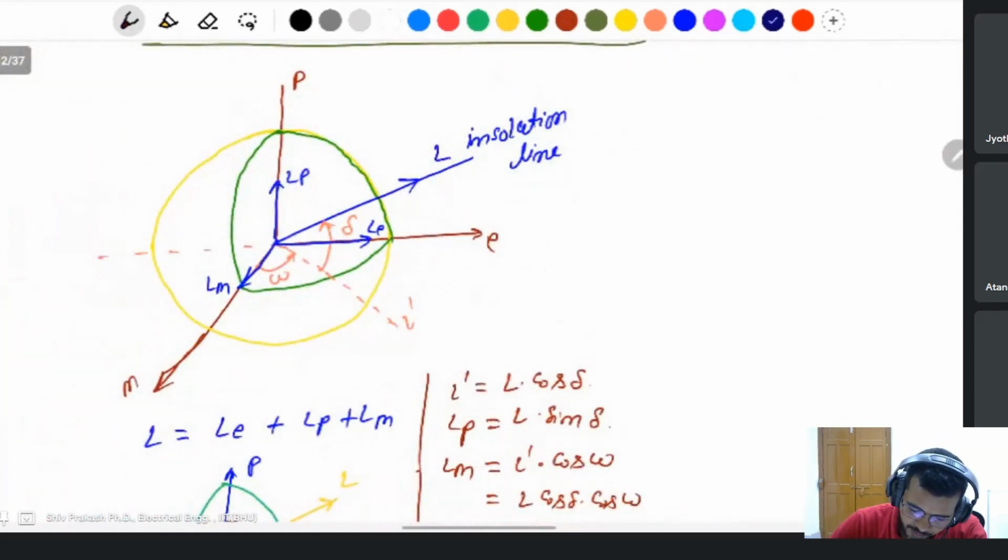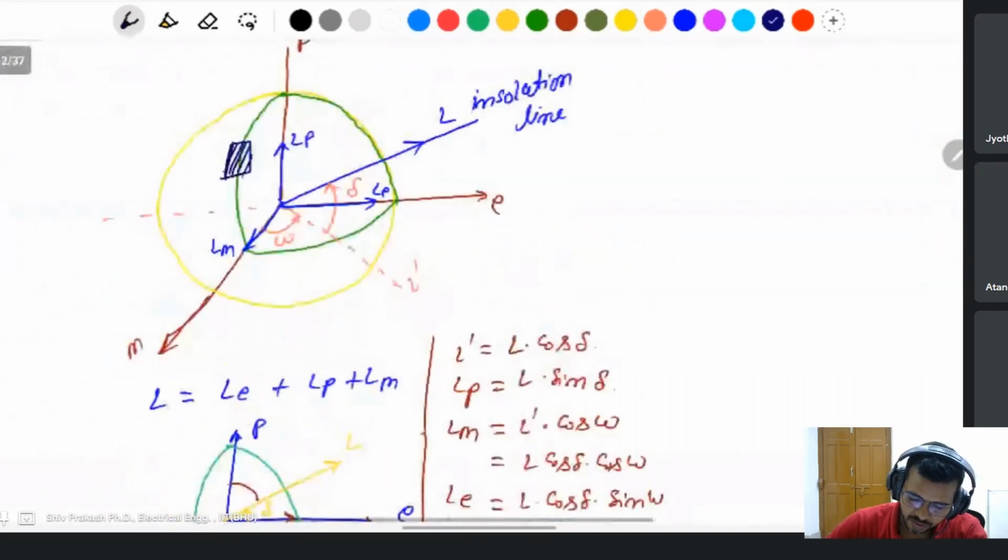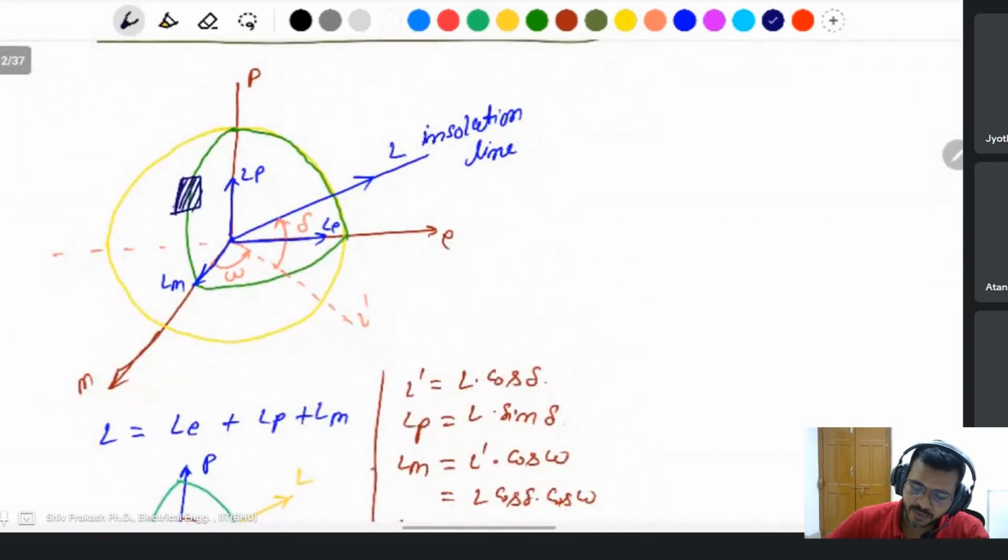If you take this as the plane surface placed on the surface of the earth, then the normal to the surface meeting the origin of the earth is known as the zenith axis. And the east axis is the same as the previous east axis.